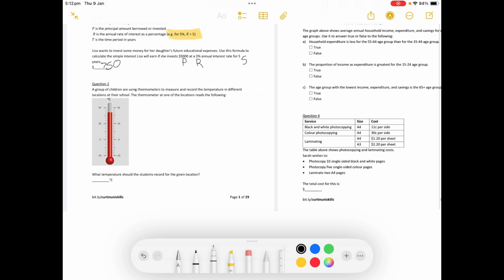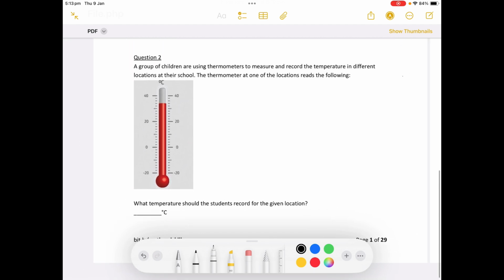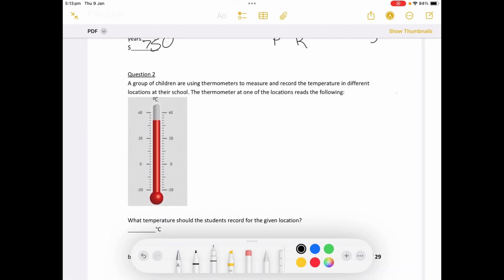Right, question 2. A group of children are using thermometers to measure and record the temperature in different locations at the school. The thermometer at one of the locations reads the following. And we have been given an image and we should be looking for what the temperature is at the given location. So if we look at this, the first thing I want to notice is that these large increments, we are going up by 20.